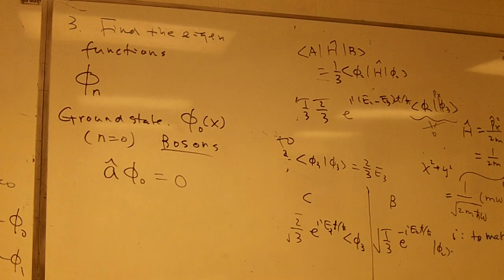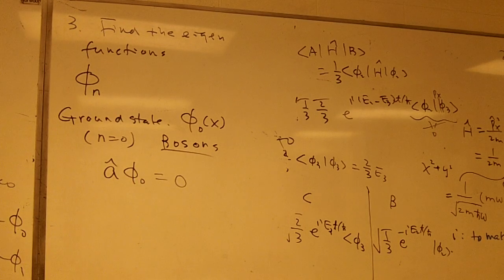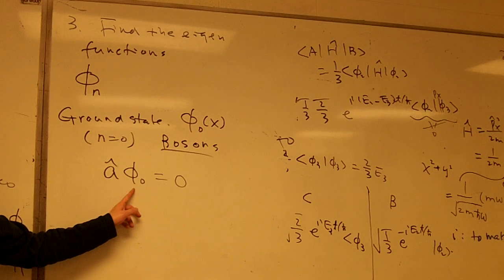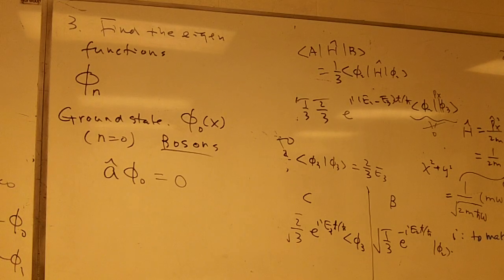But if you originally had the ground state, when you apply a-hat on that, of course it has to be equal to 0. If it's not equal to 0, this means the state you applied it on is not a ground state. Does it make sense to you? So if it is a ground state, it must be equal to 0.